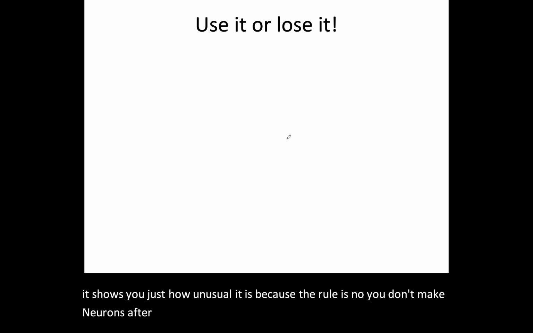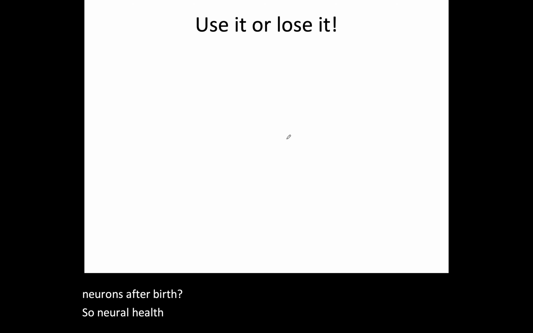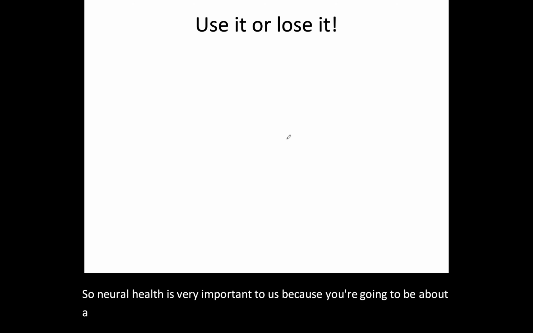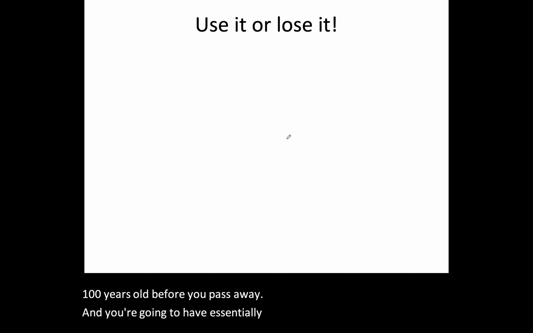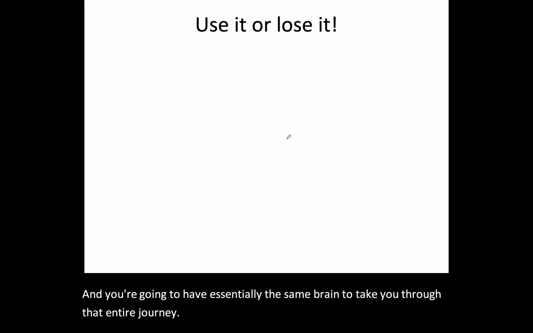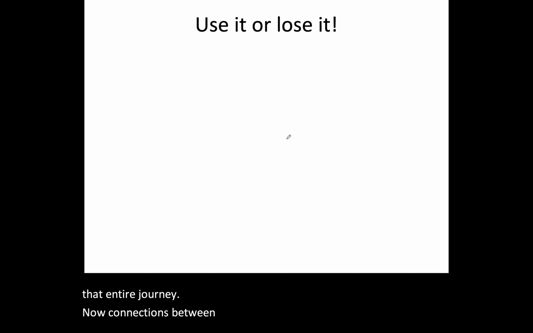So neural health is very important to us because you're going to be about 100 years old before you pass away. And you're going to have essentially the same brain to take you through that entire journey. Now, connections between neurons change every day, all the time. But damage is permanent.